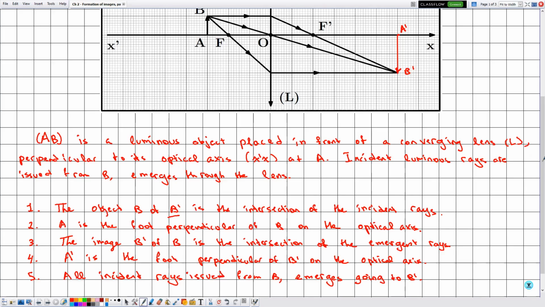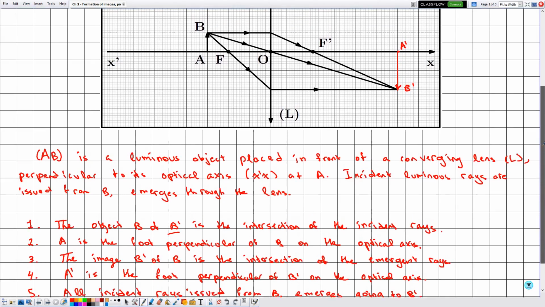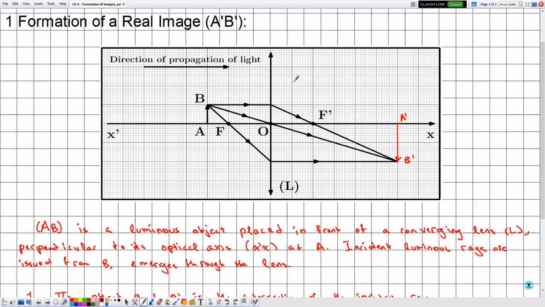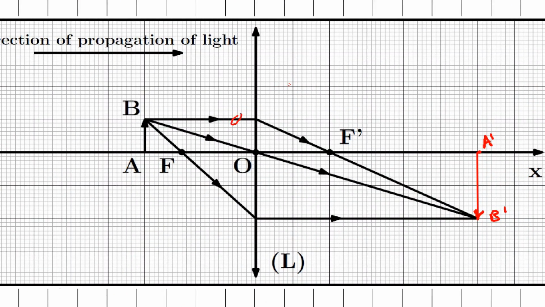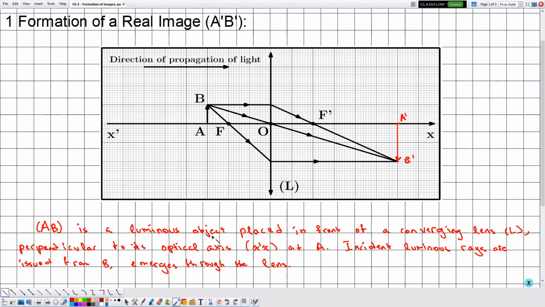Okay, and this statement holds not only for the 3 particular rays that we have drawn here, but for any ray that is issued from B. So let's consider an incident ray issued from B and hitting the lens at this point.